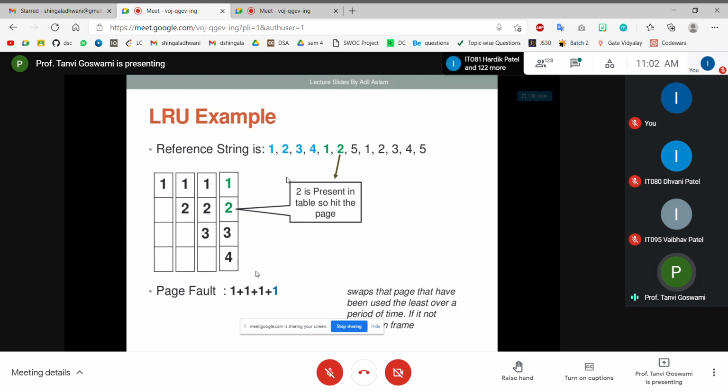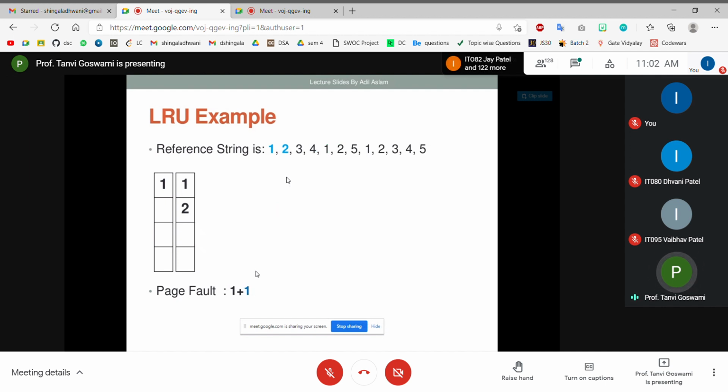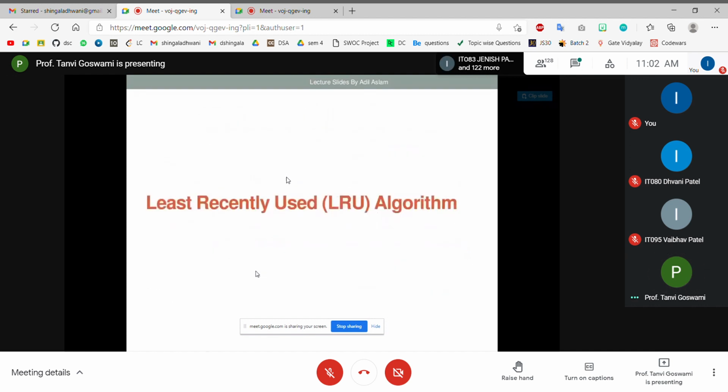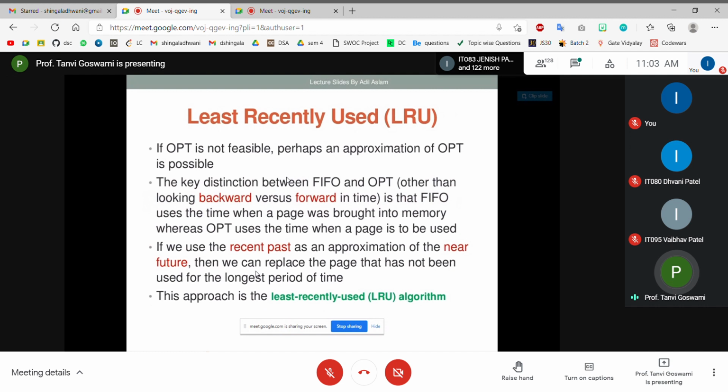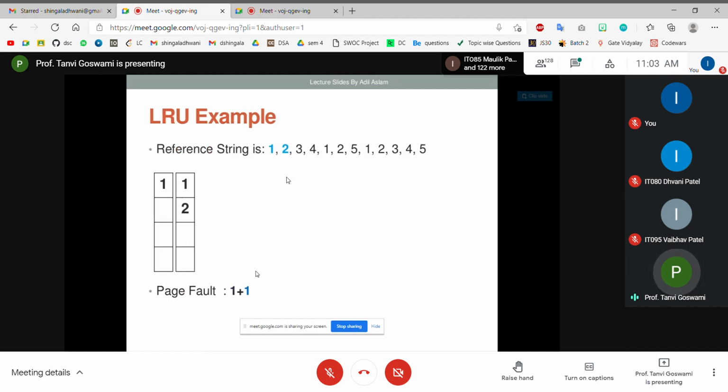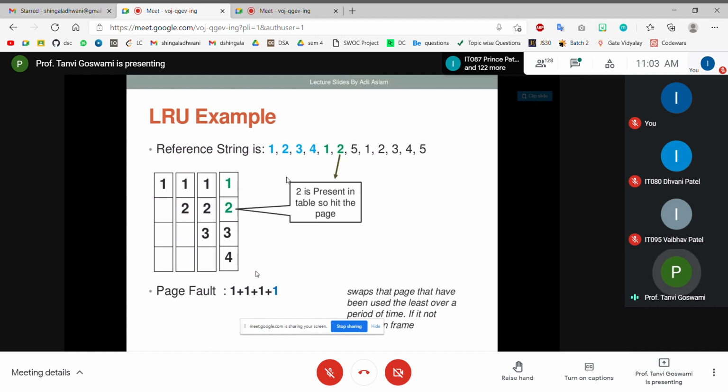In LRU, we attach a timestamp to the page when it is being used. According to this scenario, 1 and 2 are being used most of the time, as per the address reference scenario we are having.